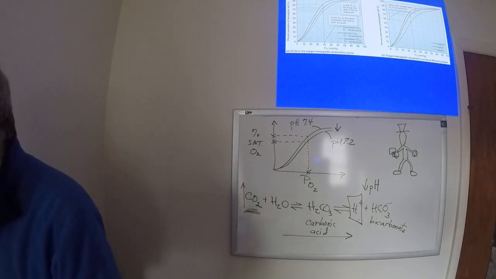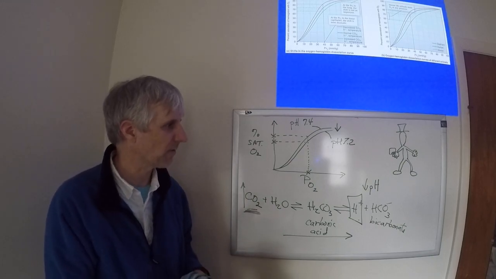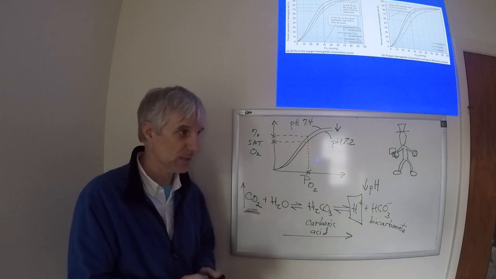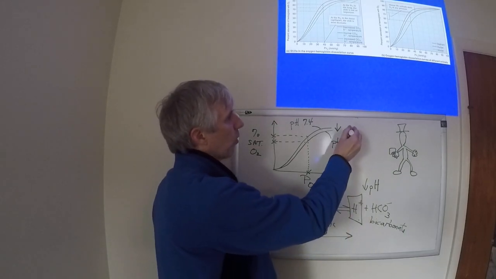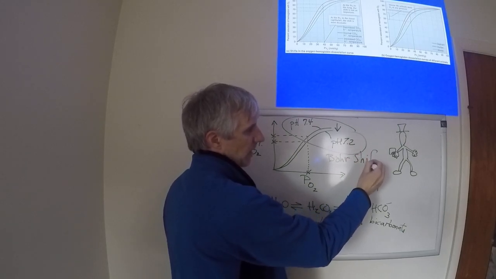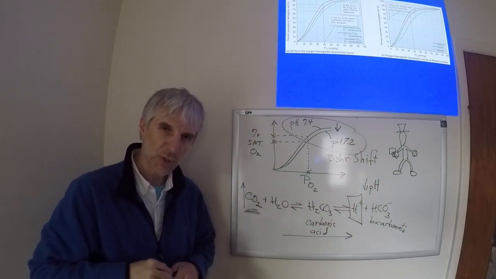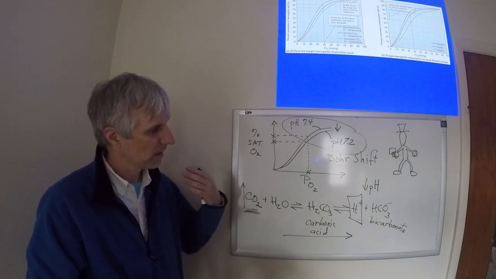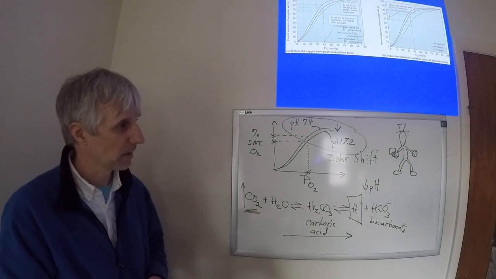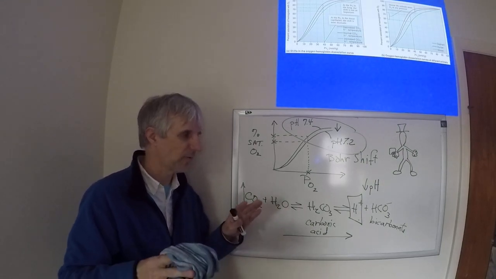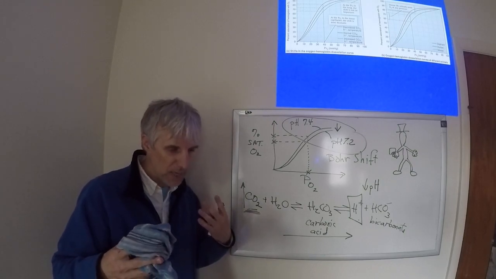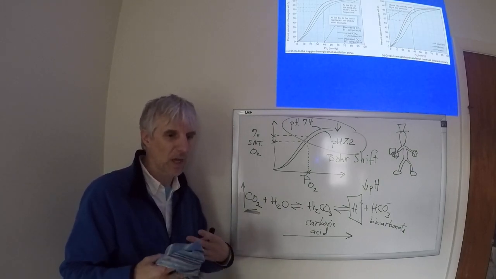So temperature, hydrogen ions, and CO2 have an effect on this curve, but when we talk about the Bohr shift itself, we're talking specifically about pH changes affecting the affinity of hemoglobin for oxygen.